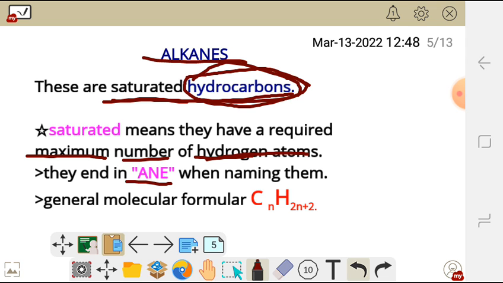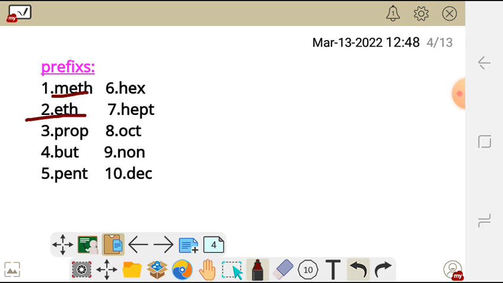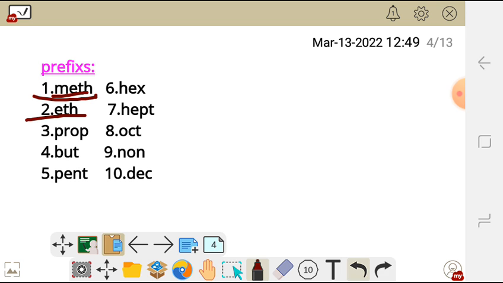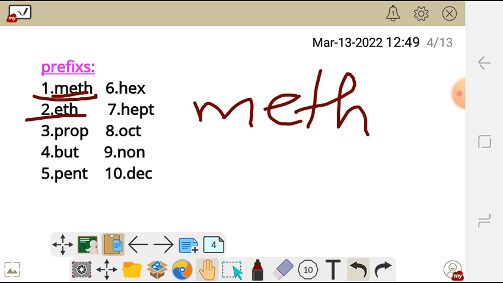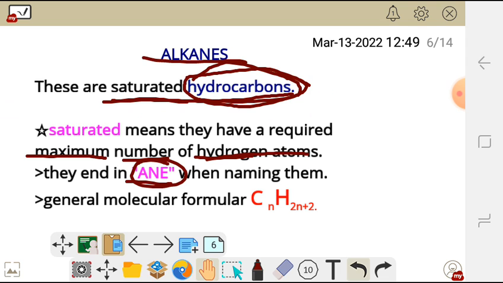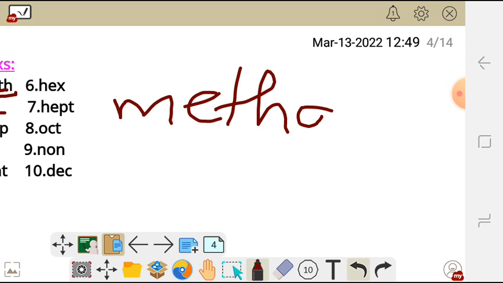To name alkanes, we use these prefixes. If you have an alkane with one carbon, we get the prefix meth, and then we add the suffix, the ending in which alkanes end, ANE.